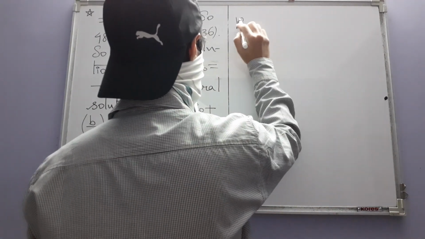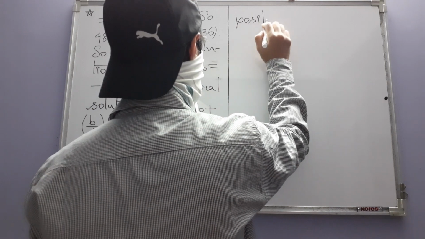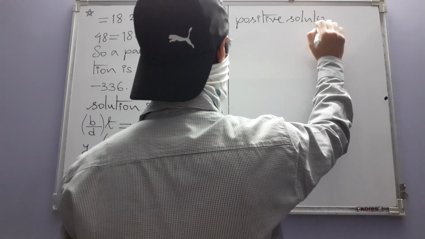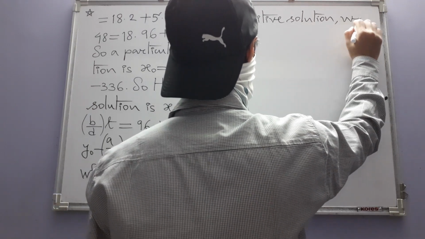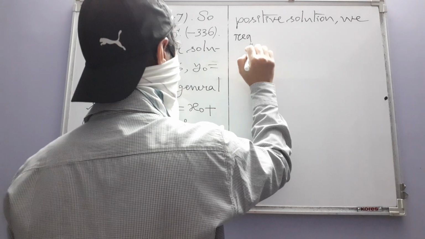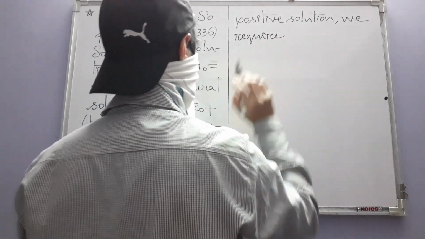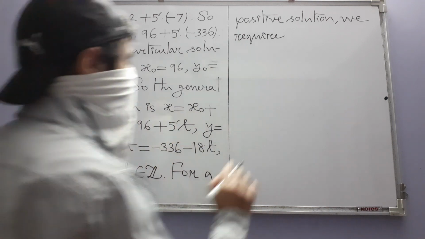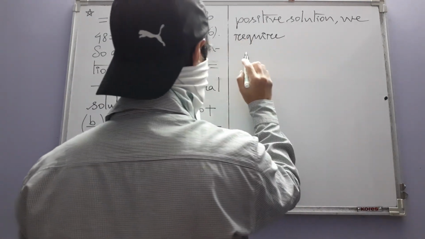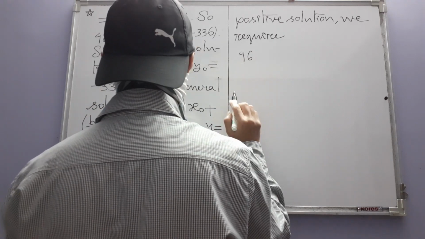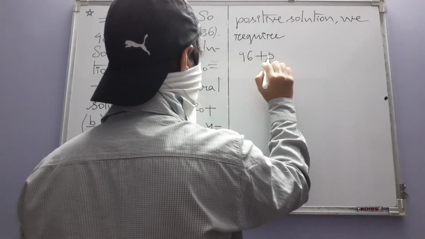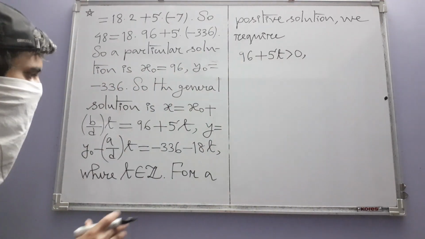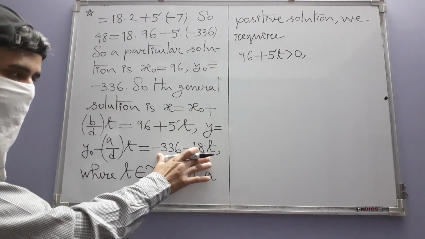For a positive solution, we require this to be positive, that is, let me write like this, 96 plus 5t must be positive, and simultaneously this should also be positive.